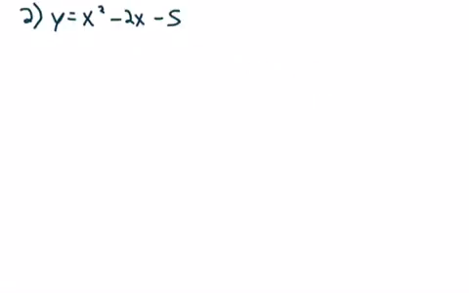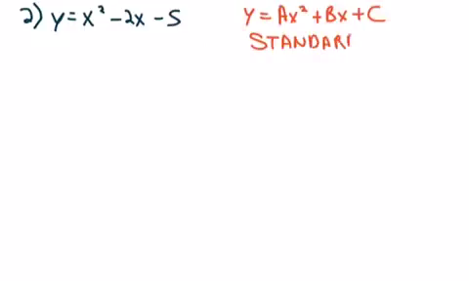So we know that standard form has this general appearance, y is equal to a x squared plus b x plus c. Anytime that we have a quadratic, that is an expression with a degree of 2, in this form, we call this standard form. And the goal is to take this expression that's in standard form and to put it into vertex form.